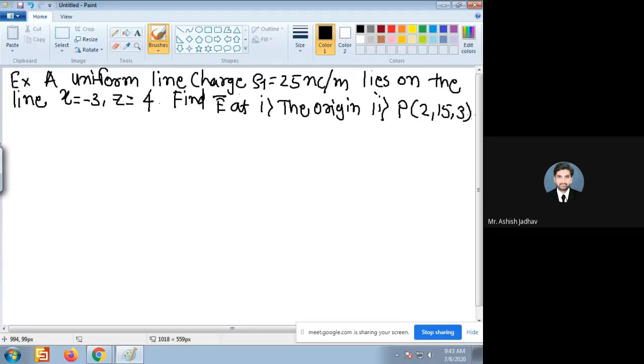So you need to find the electric field intensity because of this line charge at 2 different locations. One is at origin and second one is at point P.